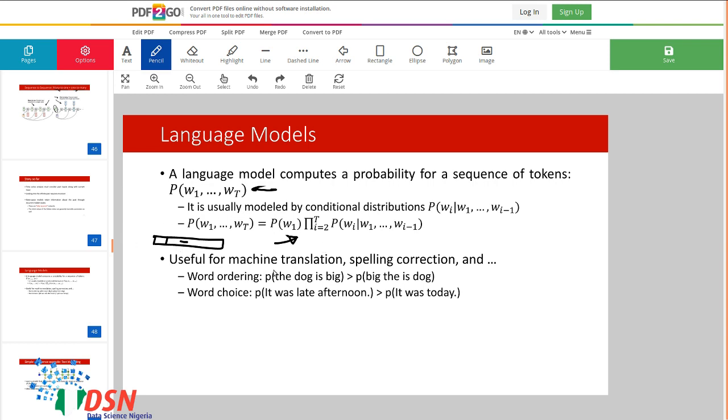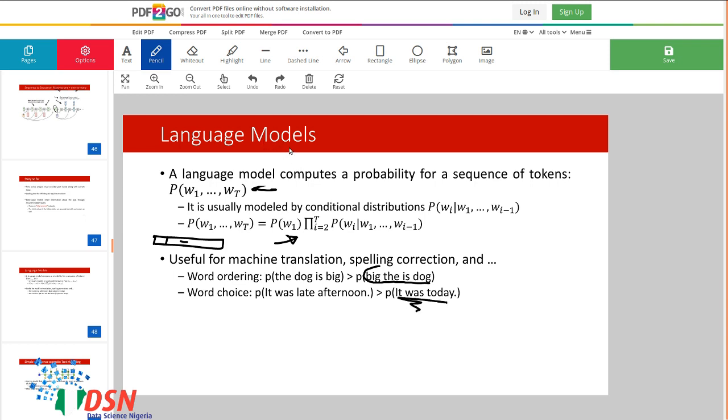So for example, we could say that the probability of "the dog is big" is more than "big is dog", because it does not make sense. So the probability of this is less than the probability of a correct sentence. And also for word choice, we could say that the probability of "it was late afternoon" is greater than the probability of "it was today", because it doesn't make as much sense.